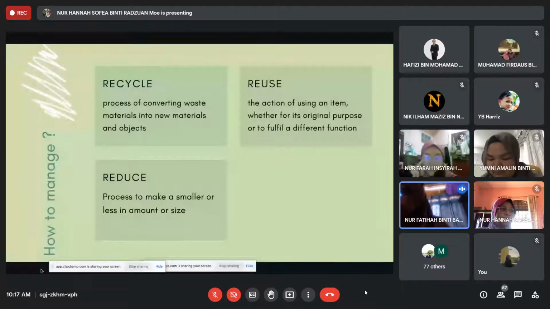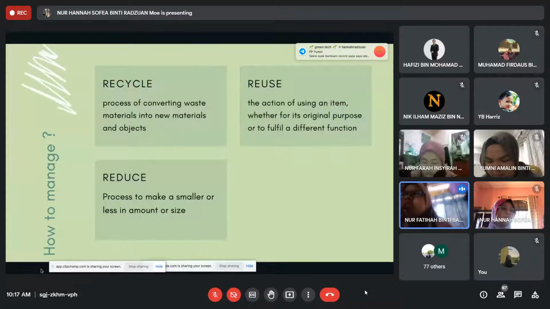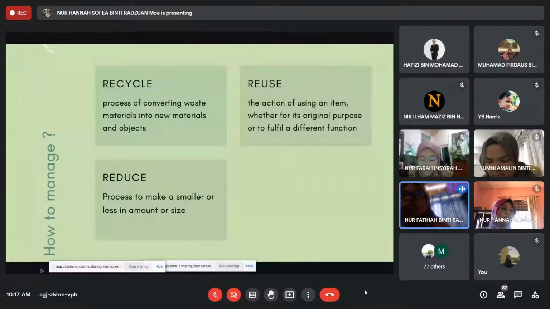Okay, so reuse. Reuse is the action of using an item whether for its original purpose or to fulfill a different function. So reuse is the act of using the item again, either for its original purpose or turning it into something else.